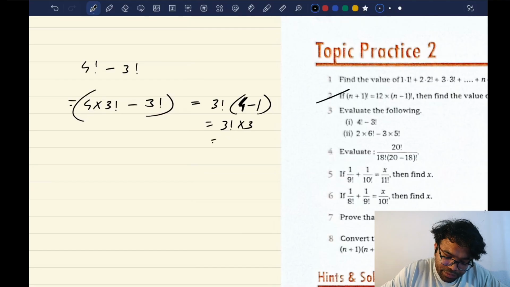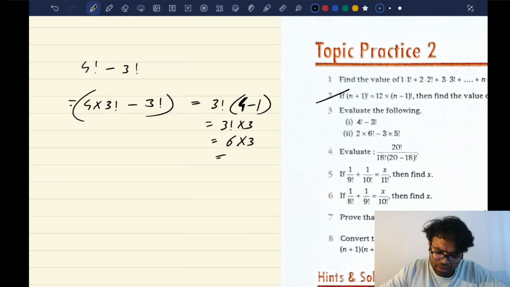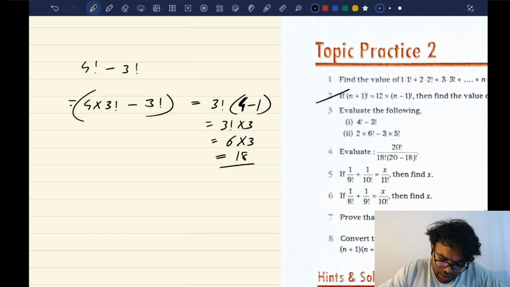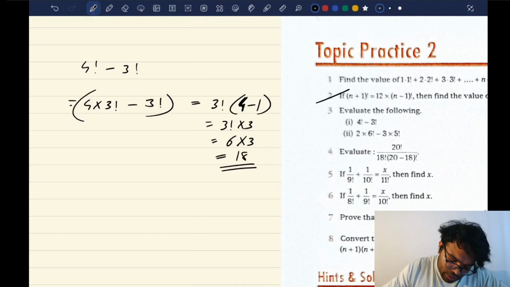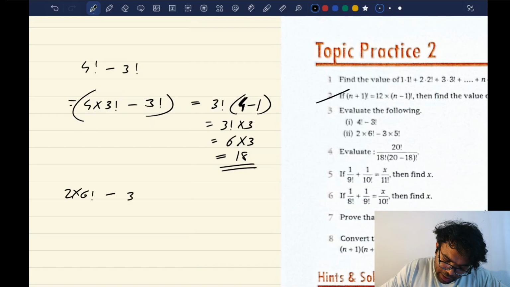What is 3 factorial? 6. Okay, 18. Okay. Next one.